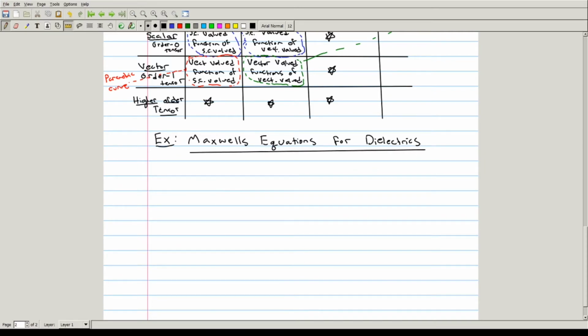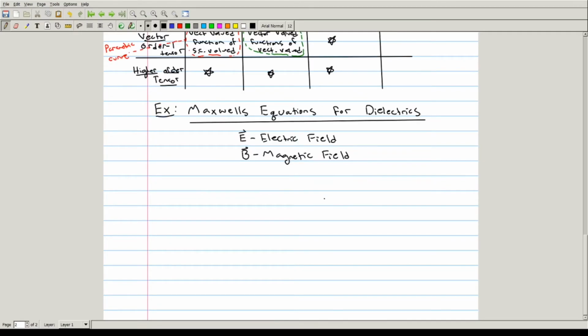And the idea here is that, well, we've already seen that the electric field and the magnetic field throughout a given material are vector fields.